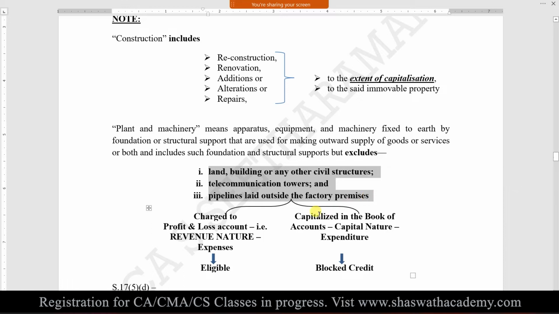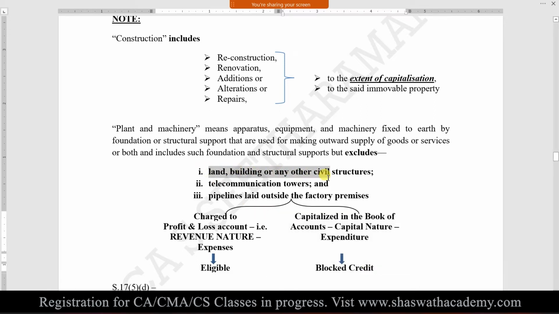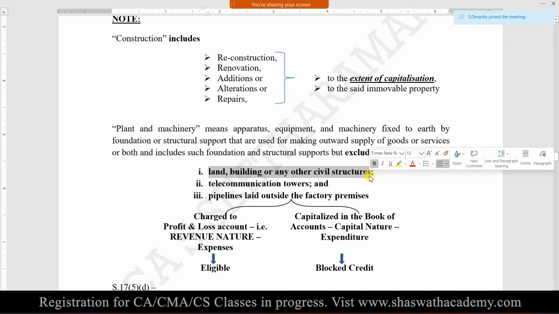That is why, if it is capitalized in the books of accounts, sir, can I call it construction of plant and machinery? No, it is blocked. Even if it is capitalized, we say it is blocked because it is land and building. Sir, let's understand. Our Vijay or our sister Deepika is constructing a factory. Only in that factory every employee has to work. Emotionally, you will ask, sir, without constructing the factory, how is it possible?